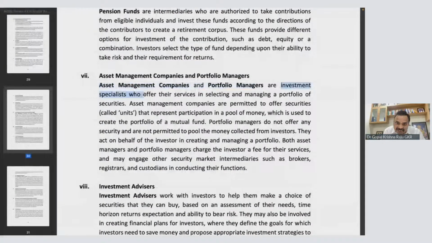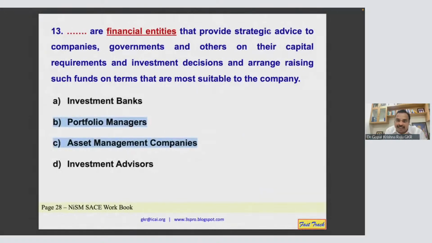AMC and portfolio manager are investment specialists who offer services in selecting and managing investments. So where you should invest, whether you should churn the investment and reinvest in some other place, so that the returns are maximized. They offer service in selecting and managing portfolio. Is it about raising funds? No. So B and C is not the answer.